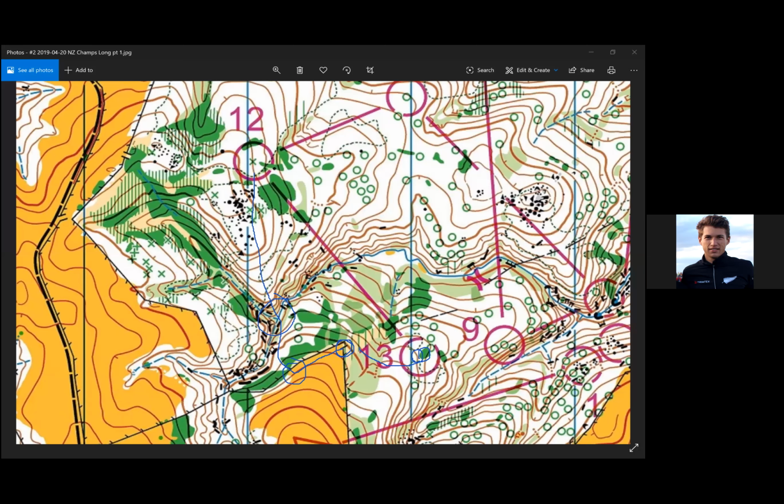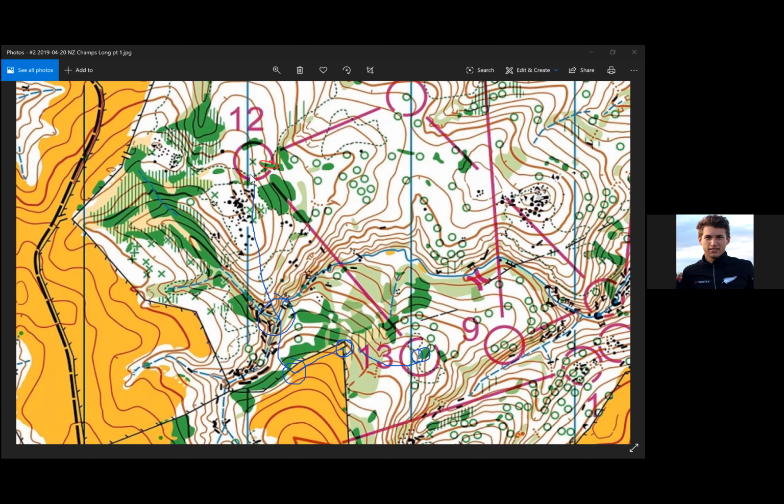Again, I'll start by describing my approach for the direction. Of course, I will use the compass to get my direction out of 12, but you can also get your direction out of the control by using this large green area, which I expect is a pile of fallen down trees or something similar.